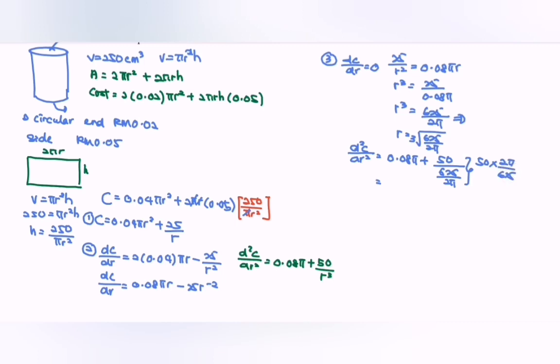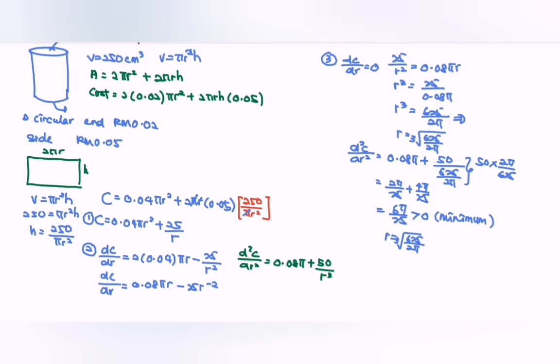Then we have 2 pi over 25 plus 4 pi over 25. If we add on, we will have 6 pi over 25, which is greater than 0 and considered as minimum. So meaning that r is equals to cube root of 625 over 2 pi is the minimum.